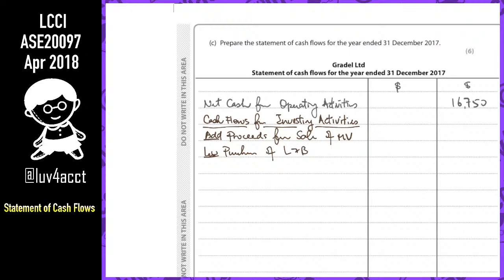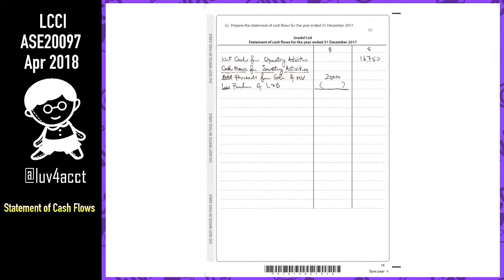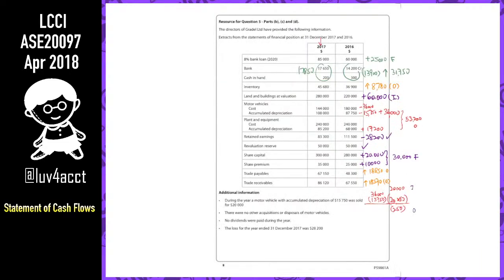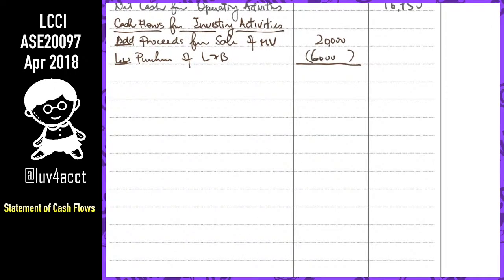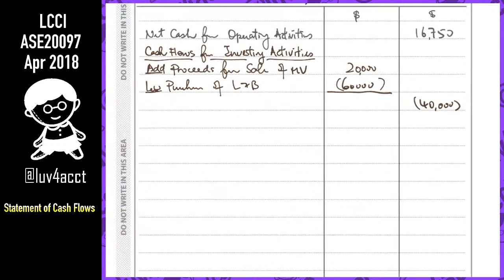Okay, so we have proceeds 20,000 and then also purchase of non-current asset, okay, 60,000. Okay, no other purchases. 60,000. Okay, that is negative 40,000 here. Net cash used in investing.